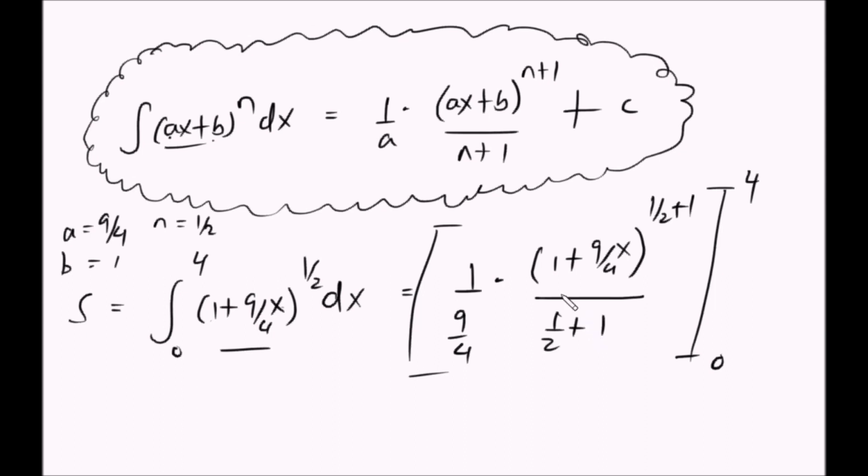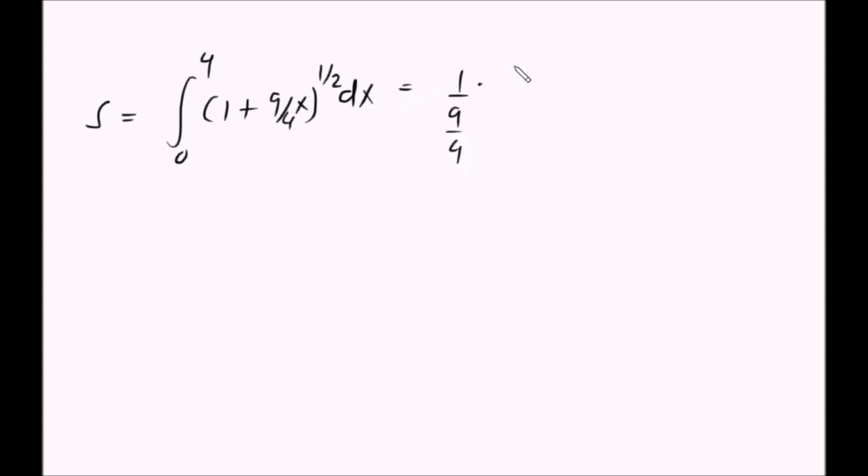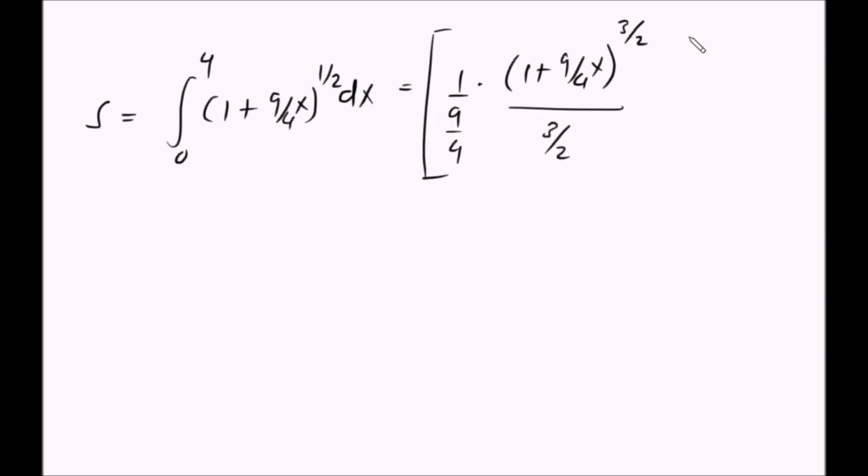So my S now is the integral of 1 plus 9 over 4x power half with respect to x, which is 1 over 9 over 4 times 1 plus 9 over 4x power 3 over 2 over 3 over 2, from 0 to 4.